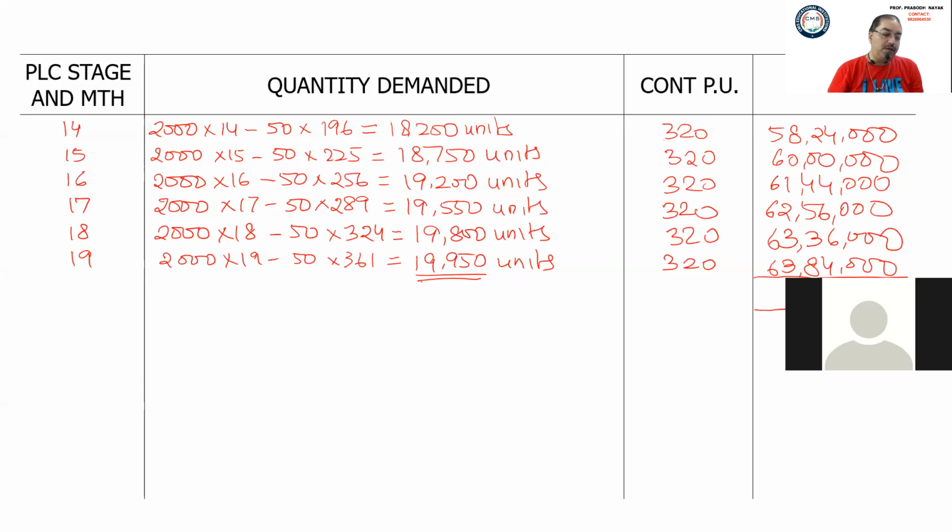3696 plus 4096 plus 4464 plus 4800, 51 lakh 4, 5376, 5616, 5824, 60 lakh, 6144, 6256, 6336, 6384.